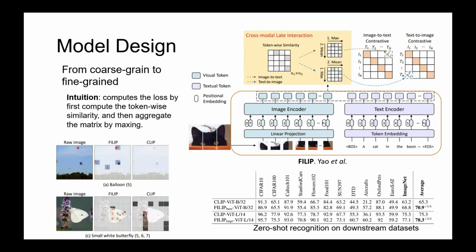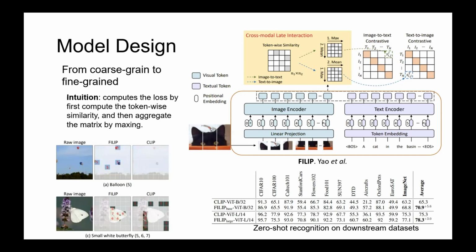On the other hand, we have also seen a lot of innovative model designs. I will list a few of them. The first is that the contrastive language image pre-training proposed in CLIP is a global image-text matching. So what if we convert the coarse-grained matching to a fine-grained matching? The intuition is very simple.